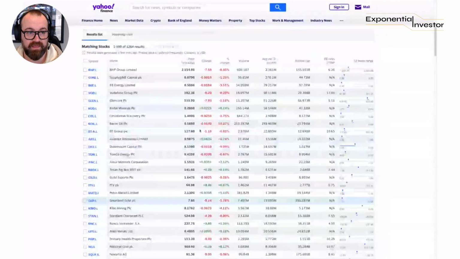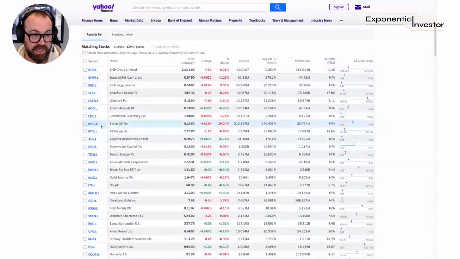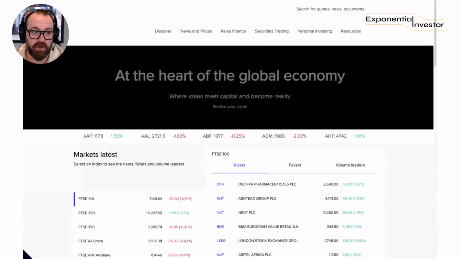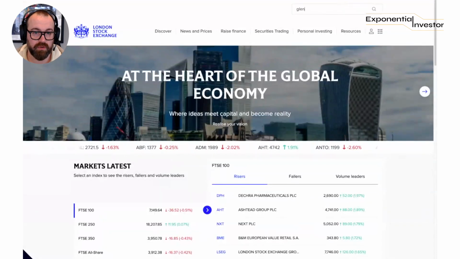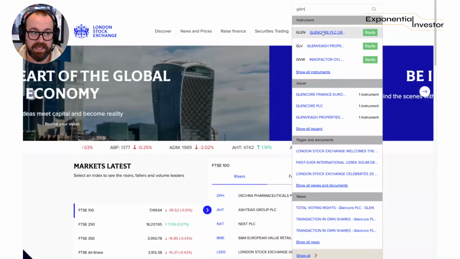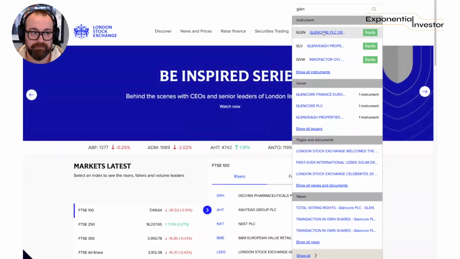I would supplement that with another good resource. If you're looking on the London Stock Exchange and you've found a stock, you could go to the actual London Stock Exchange website. What that will then do is you can take the information from what you found on Yahoo. So for instance, for something like Glencore, you can then search for that in the London Stock Exchange site.